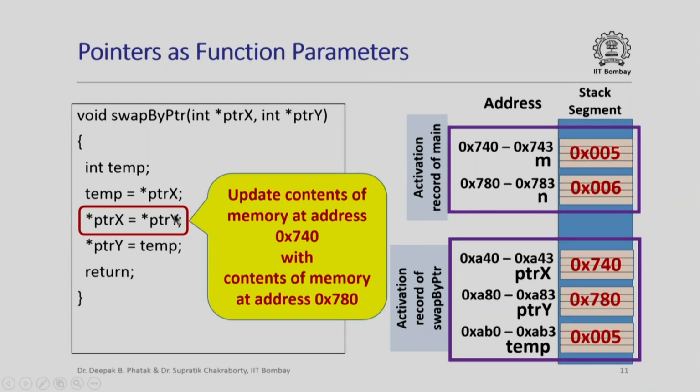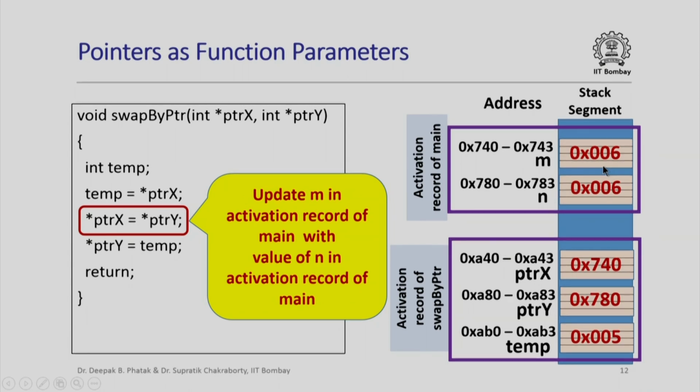So I have to read that value from there, which is hex 6, and I have to assign it to the memory location whose address is given by the value of pointer x. So pointer x gives me the value hex 740. I have to treat this as an address, go to the memory location whose address is hex 740 and update that with the value 6 that I just read. So that is what happens here.